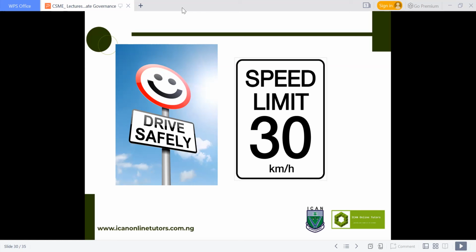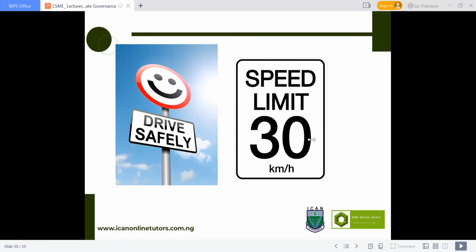Please, I need your comments. Please, you can unmute yourself. Someone is raising his hand. Mr. Arizona: Drive safely is principle based, while speed limit is rule based.